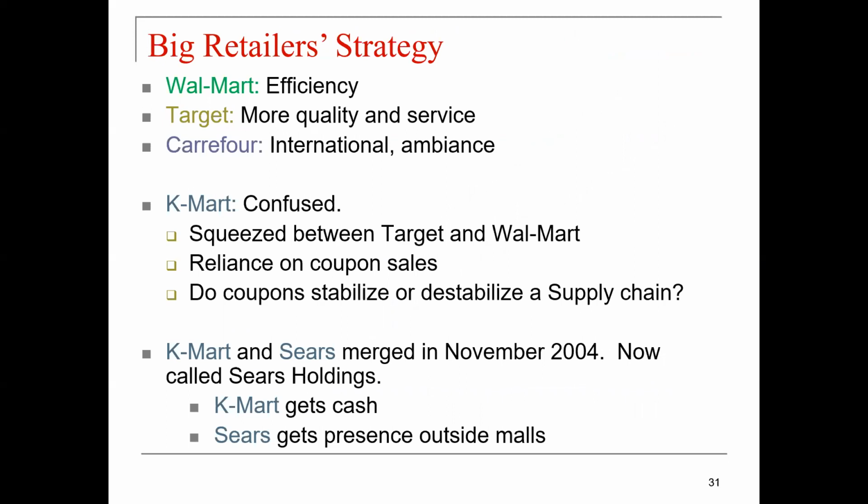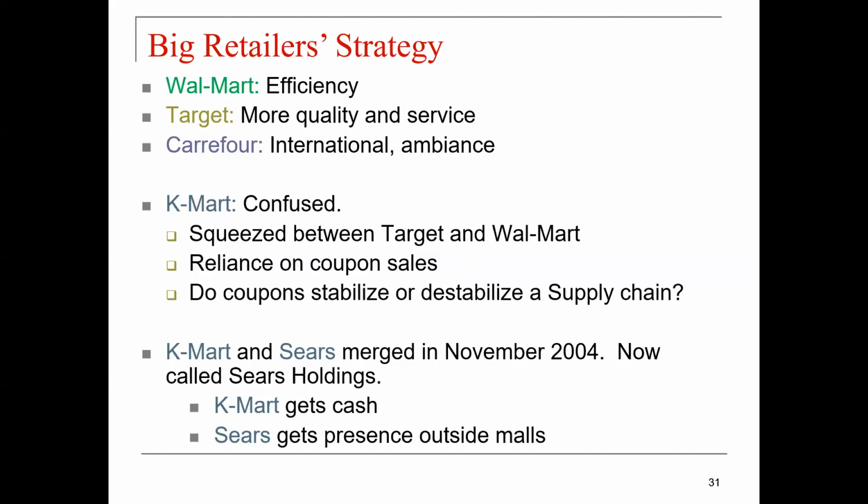Walmart is efficiency. Target is more focused on quality and service. And Carrefour is international ambience. Stores like Kmart that are out of business don't have a specific strategy. It's confusing. So they were squeezed between Target and Walmart. They rely a lot on coupon sales.